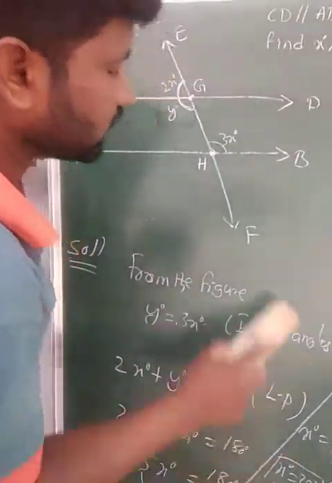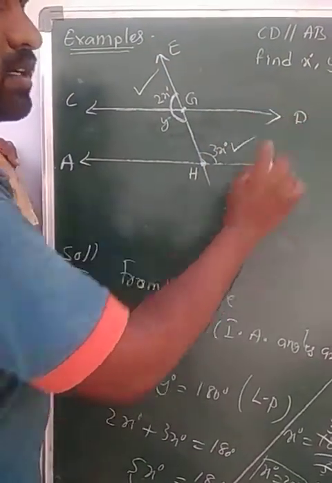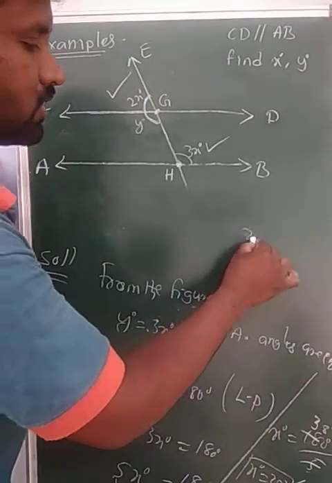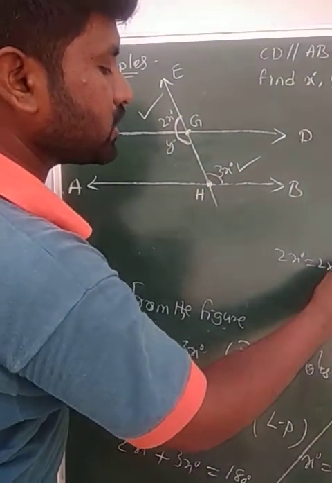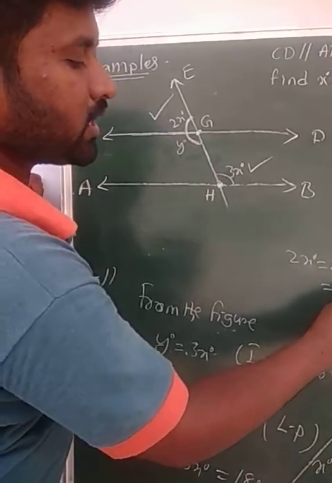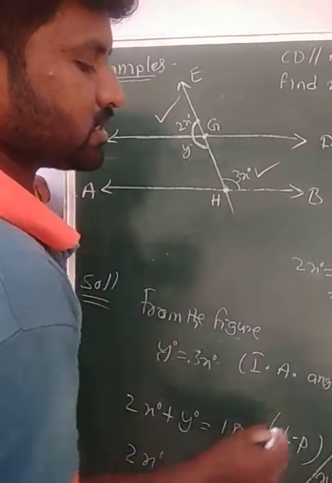Then we want 2x degrees and 3x degrees. So 2x degrees is equal to 2 into 38 degrees, that is 76 degrees.